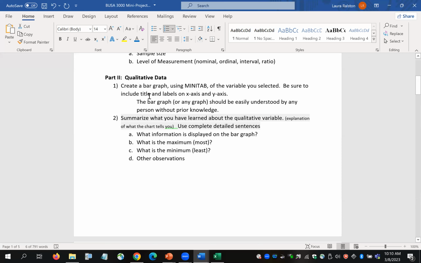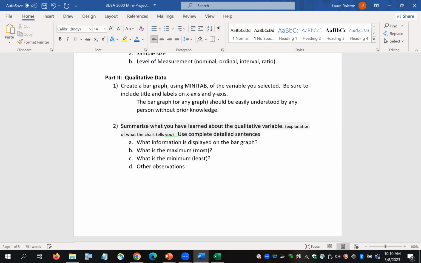It says be sure to include a title and labels on the X and Y axis. And then I remind you, the bar graph should be easily understood by any person without prior knowledge. And then you have to summarize what you've learned. You have to explain what the chart tells you using complete detailed sentences.